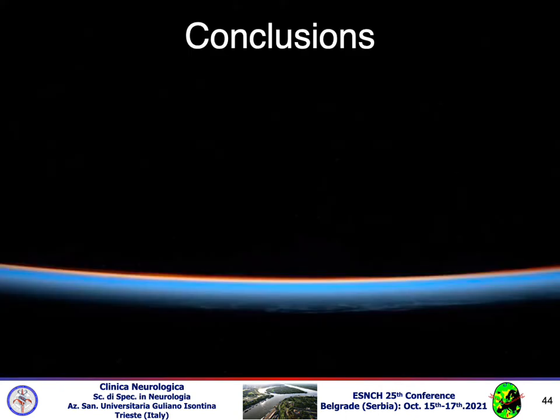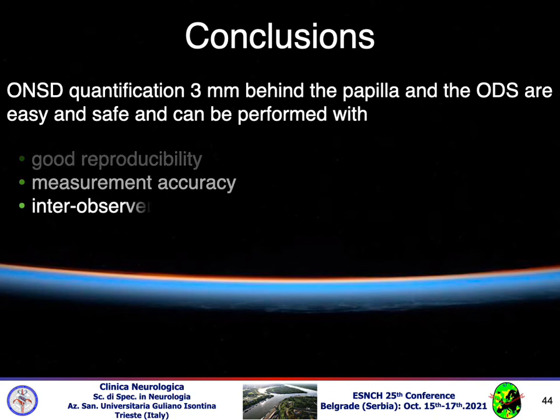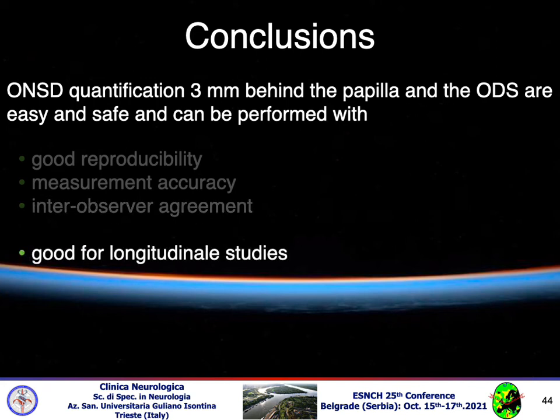So in conclusion, the quantification at 3 millimeters behind the papilla and the ONSD are easy and safe and can be performed with good reproducibility, measurement accuracy, inter-observer agreement, and is quite good for longitudinal studies.